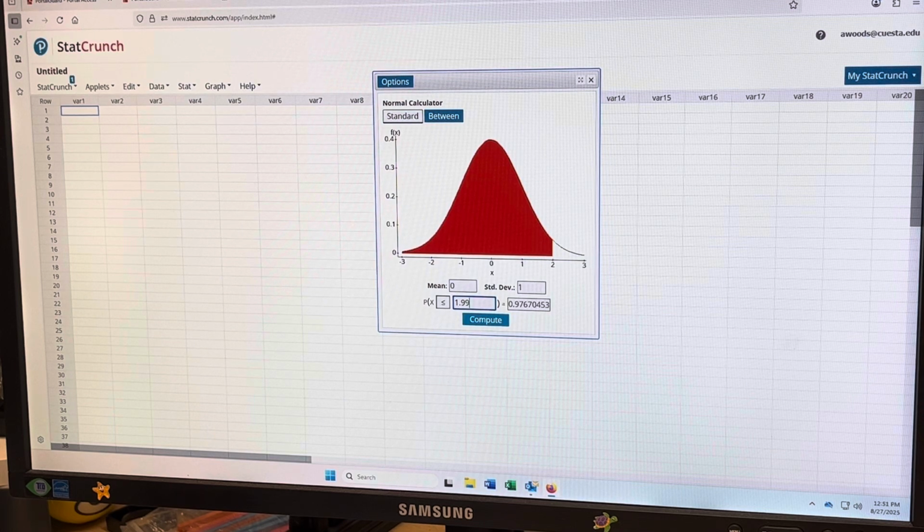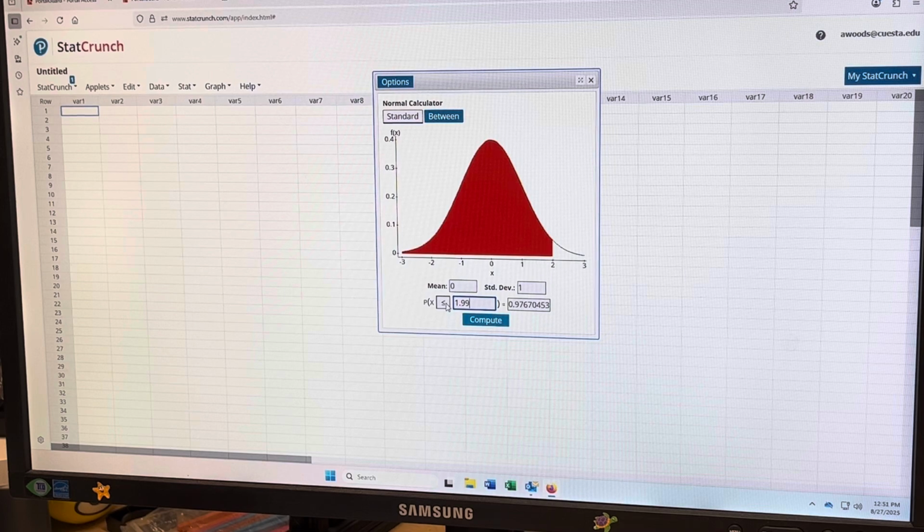Okay, now the next one says to find the area to the right of z equals 3.01. If we're going to draw it, we draw our graph and put 3.01 over on the right-hand side, and then we shade to the right.